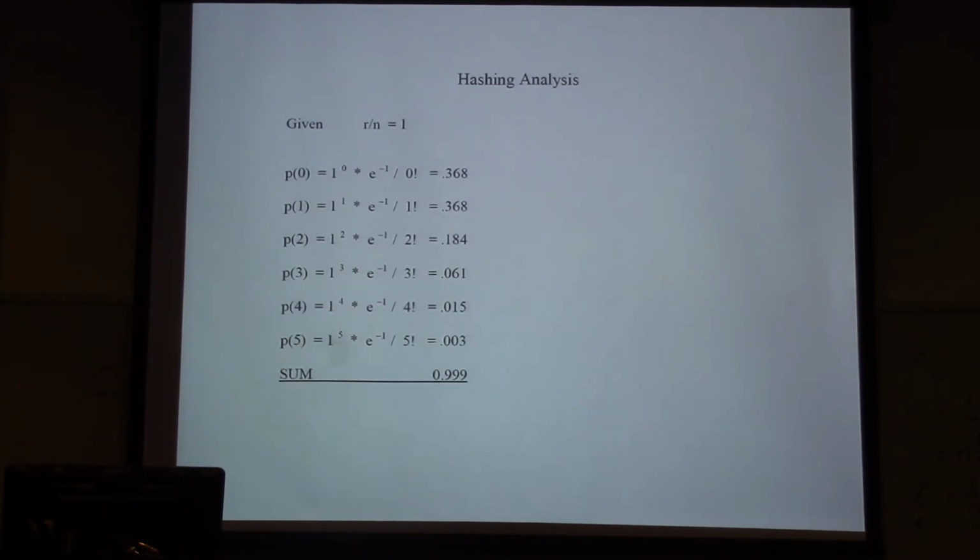What do you think is the probability of that? Would you bet any money on that at all? I have 1,000 records. I'm going to mix them up all over the place. 368 of them will hash to exactly one slot.